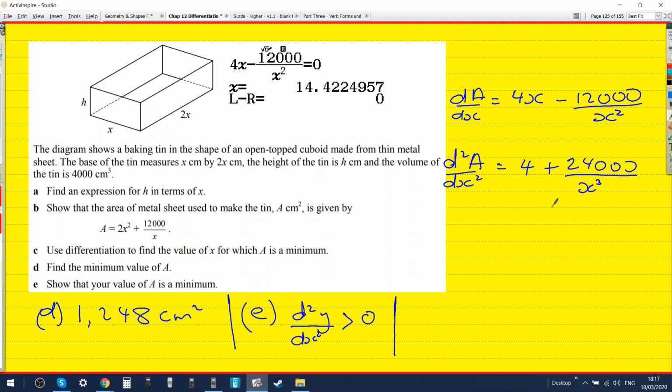And then do you set that to 0? No. We show that that is greater than 0 for this value of x. So when x equals 14.422, we sub in.